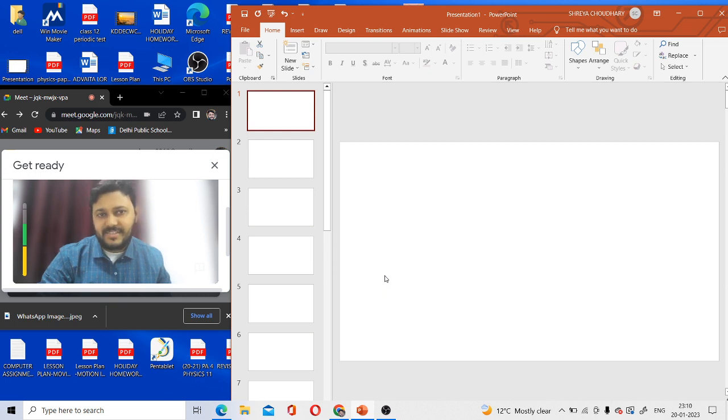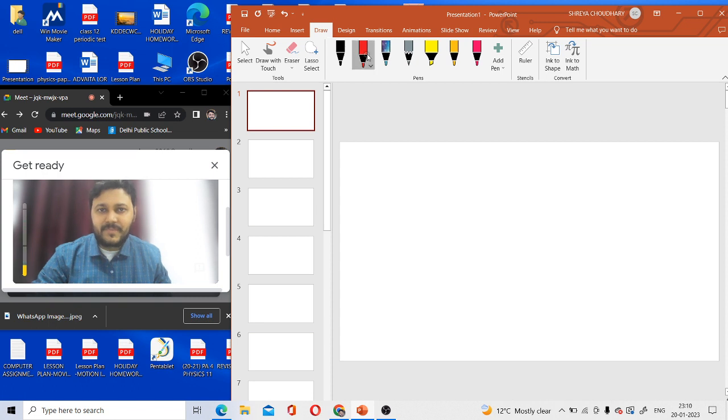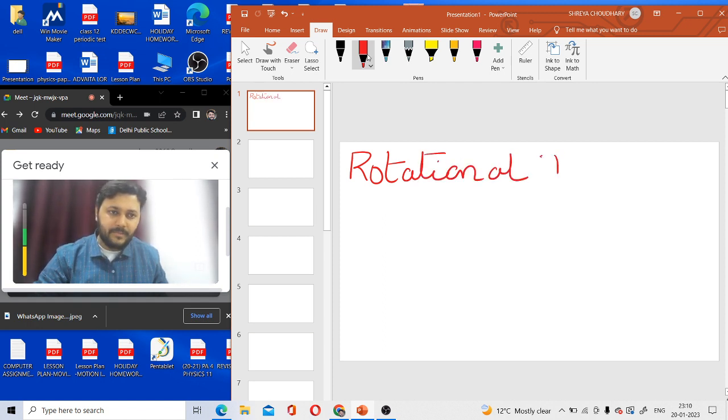Of IGCSE A level. So let me write down the name of the chapter and then we will move on. The name of the chapter is Rotational Dynamics.